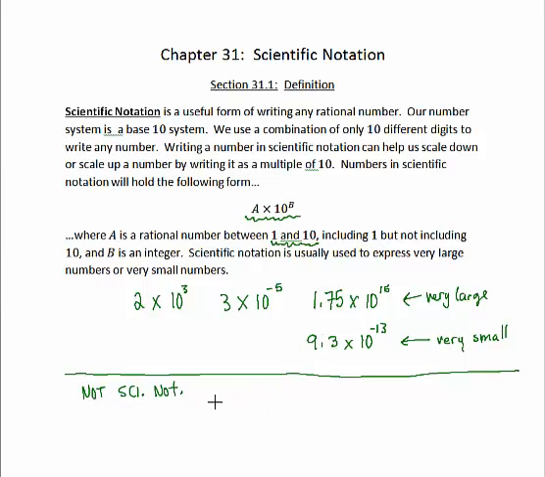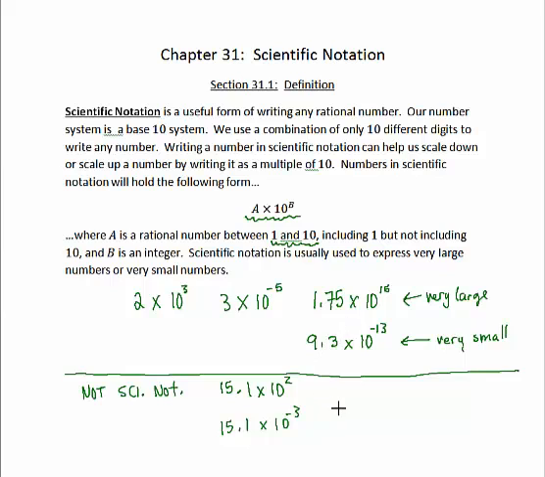An example of what's not scientific notation would be 15.1 times 10 to the second. This could be any exponent. The problem is not the exponent. We could have 15.1 times 10 to the negative 3. The problem is we have 15, which is bigger than 10. We only want one non-zero digit in front of the decimal point.